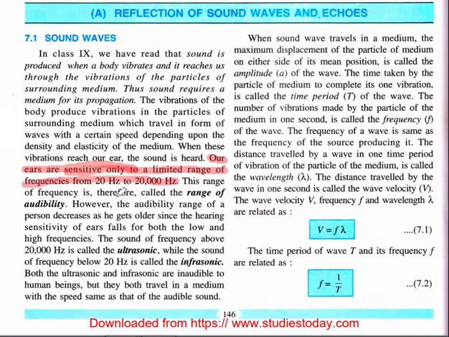This range of frequency is therefore called the range of audibility. So this is the range of sound in which humans can hear. Human ears can hear 20 hertz to 20,000 hertz, and this is known as the range of audibility.